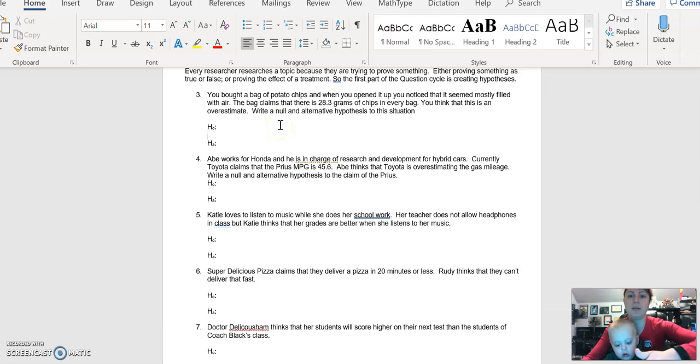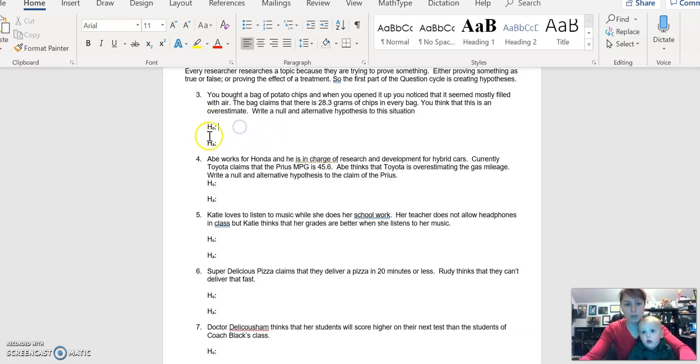So here, this would be like when you go to the vending machine and you get a bag of chips and it's like completely empty. So this would be a situation where you are trying to disprove what the current belief is. The current belief claimed by the company is that there's at least 28.3 grams of chips in every bag.